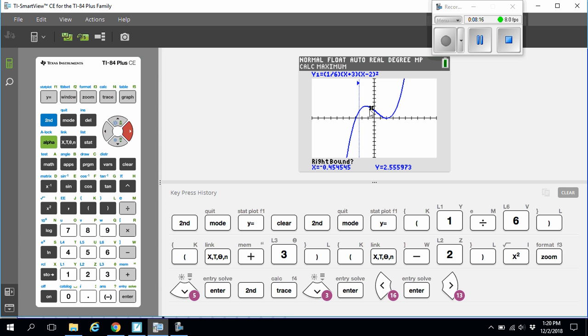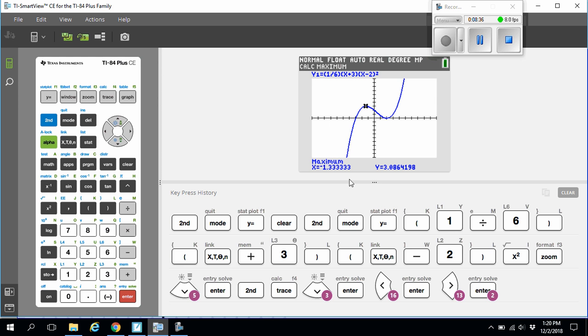Make sure your cursor is just far enough that it's to the right of the point that you're trying to find. Don't forget to press enter. Now when it asks you to guess, do not move your cursor at all. All you have to do is press enter one more time.